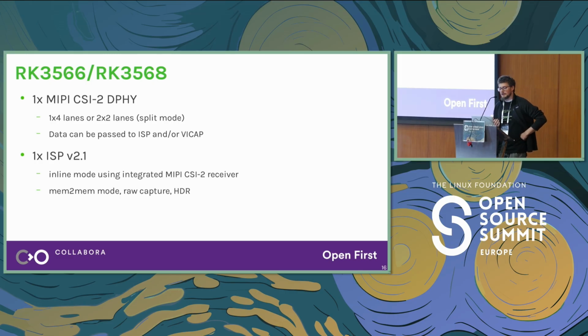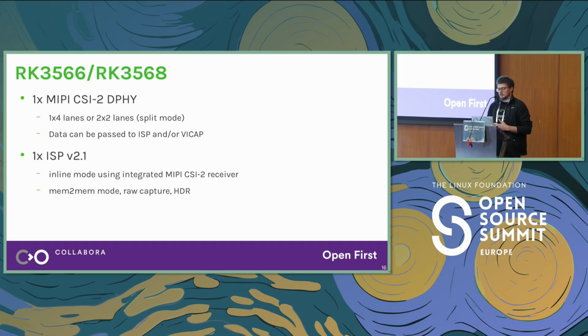The D-PHY can act as one PHY with up to 4 lanes or 2 logical PHYs with up to 2 lanes each. The data can be passed to the ISP and/or the VCAP. The ISP itself is version 2.1, so Rockchip has got a versioning scheme going on there, and it's a bit tricky which SoC has what version, but at some point we'll figure it out.